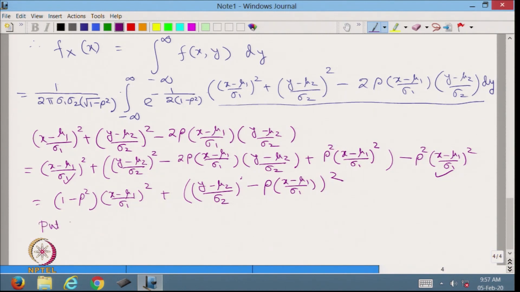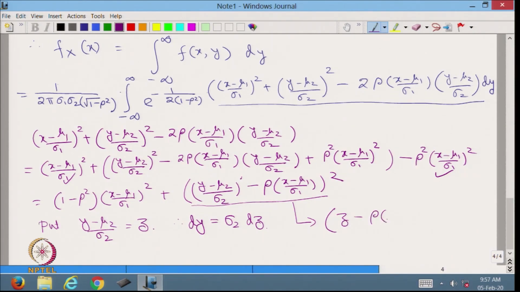Put (y minus mu 2) upon sigma 2 is equal to z. Therefore, dy is equal to sigma 2 dz, and this term becomes (z minus rho ((x minus mu 1) upon sigma 1)) whole square.